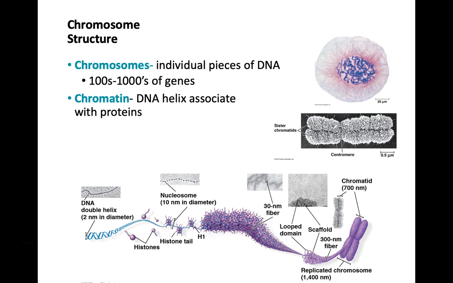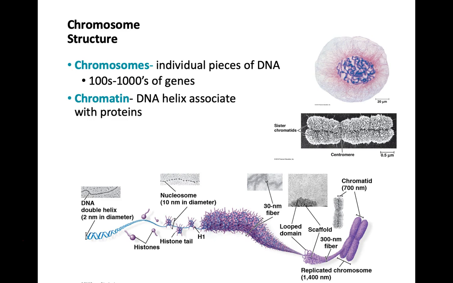So we have a couple of different pictures here. On the top right, we have a cell, and those purple squigglies over there are the chromosomes. Those are slightly condensed chromosomes. Down below that, we have what we call sister chromatids, and we'll come back to that in just a minute. But that structure there, that X-shaped structure, is probably what you're most familiar with when you see a chromosome.